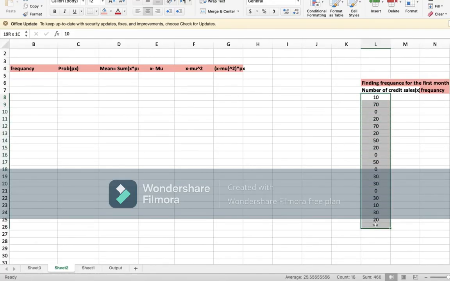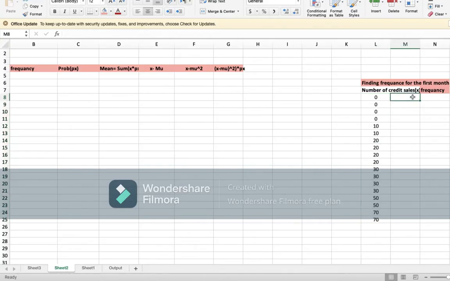You will need to select all the numbers and sort smallest to largest. And here you write that you have 0, 10, 20, 30, 50, and 70. So how many times did the 0 repeat? You can see 4 times.